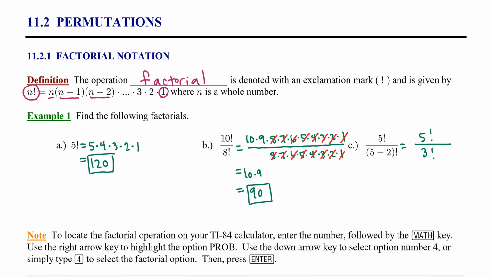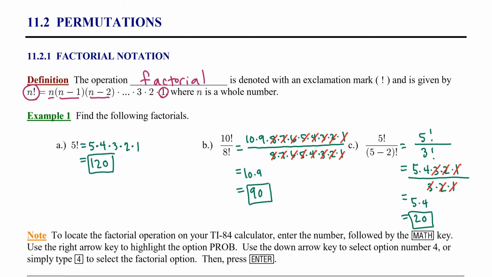Evaluate what's inside parentheses first and then evaluate the factorial. When we expand the factorial in the top and the bottom, again we've got some matching factors that we can cancel. And what's left is 5 times 4, or 20.